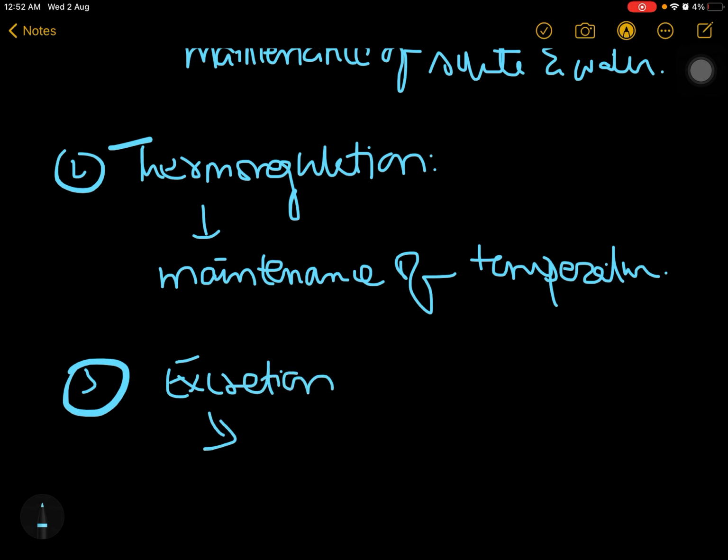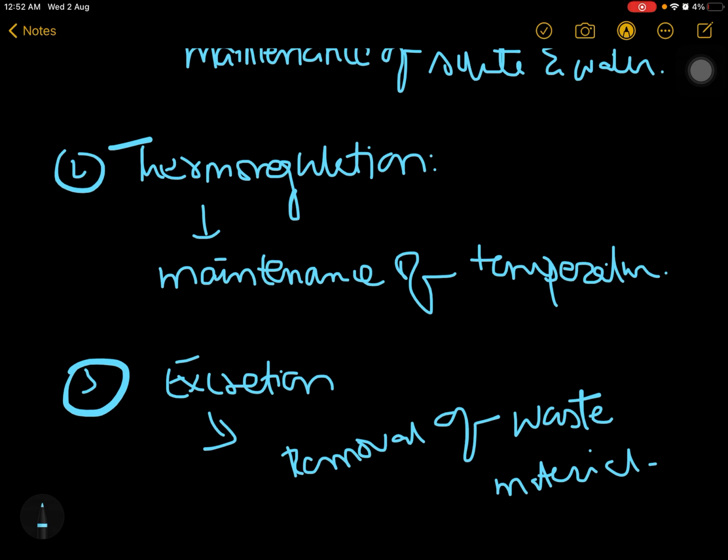Excretion means the removal of waste material. So these are the three aspects in which homeostasis works: the maintenance of water, temperature and waste material must be balanced in our body, so that the functions take place in a proper way, according to the system, according to the steps they need to do, right?